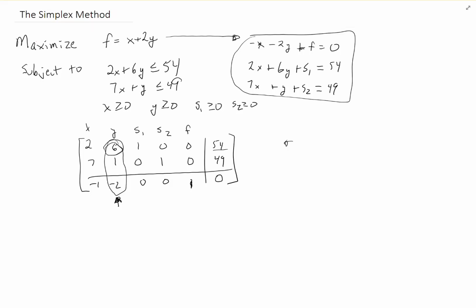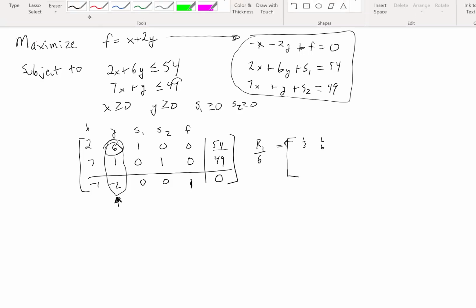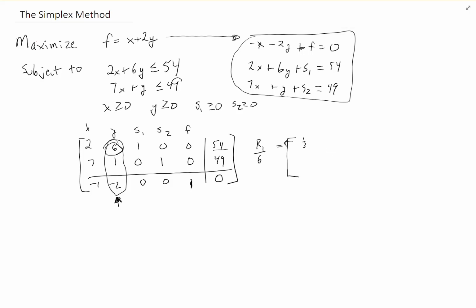All right, so let's take row 1 and multiply it by 1/6. And so I'll have 1/3, 1, 1/6, 0, 0, 9.